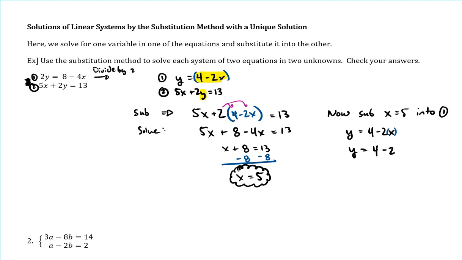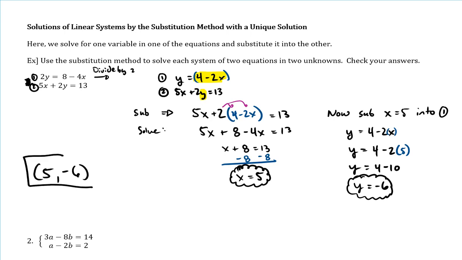So it's y equals 4 minus 2 times 5, and so y equals 4 minus 10, and then y equals negative 6. So our solution, and they usually want it as an ordered pair, is 5 and negative 6, because that's our x coordinate and that's our y coordinate, and that's it.